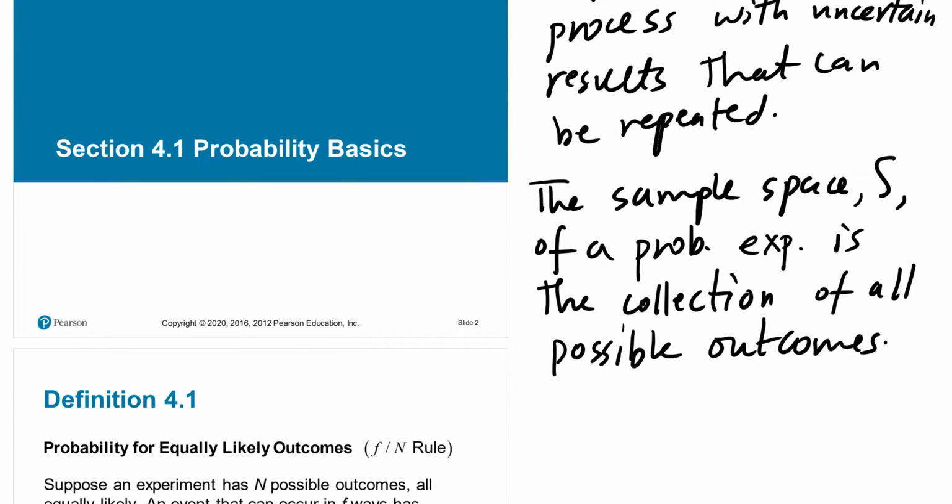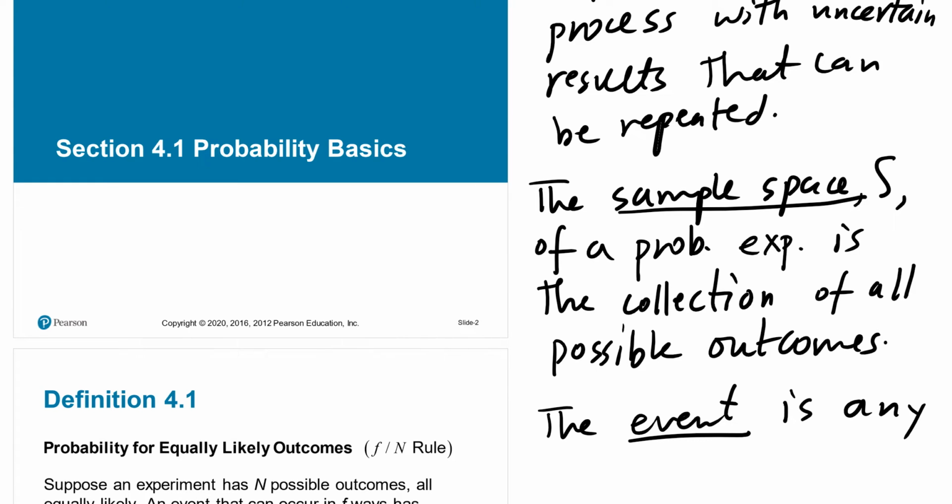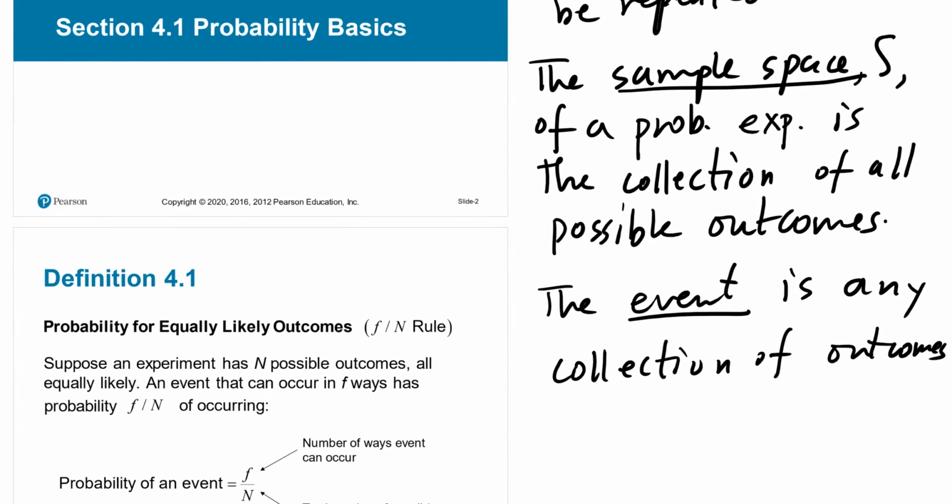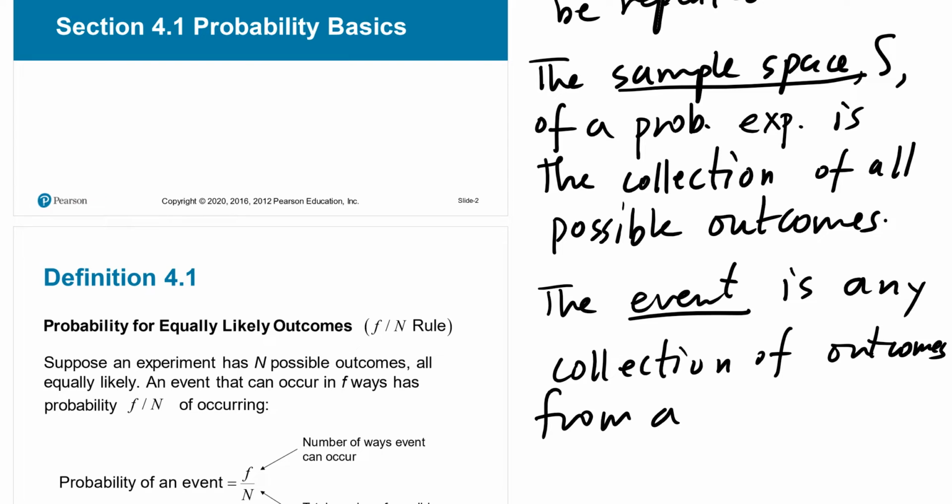So we have also something called an event. An event is any collection of outcomes from a probability experiment.